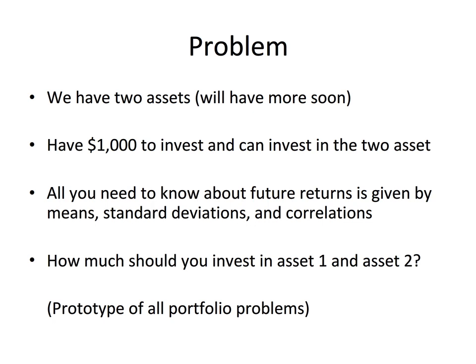All you need to know, bullet point 3, about the future returns of those two assets is given by the mean, standard deviations, and correlations between those two assets. And actually, in the case of two assets, there's only one correlation coefficient, between asset 1 and asset 2.